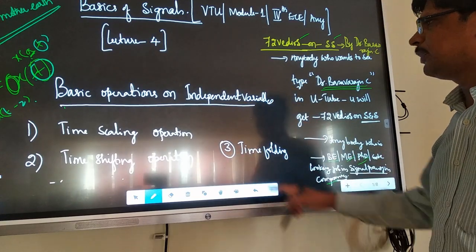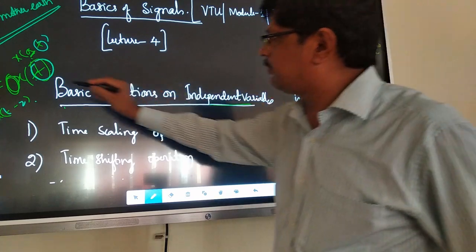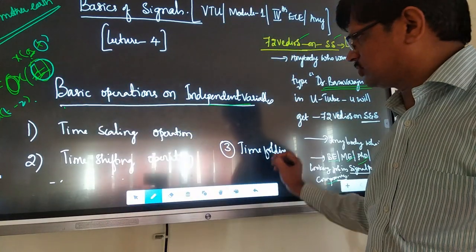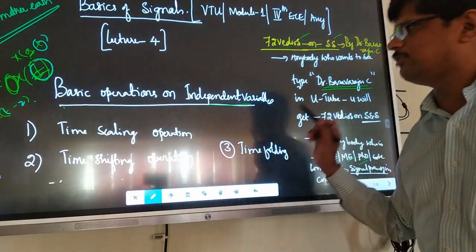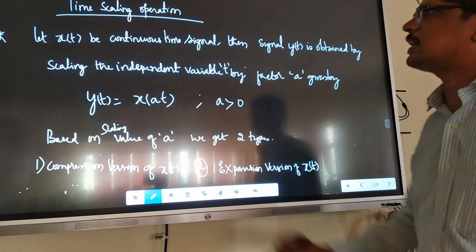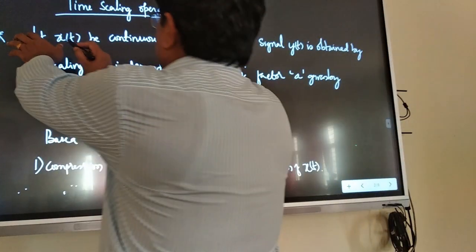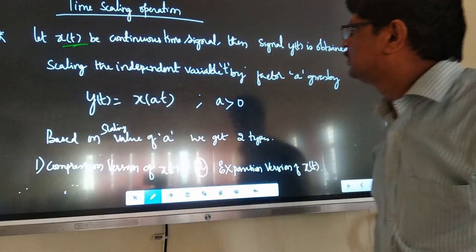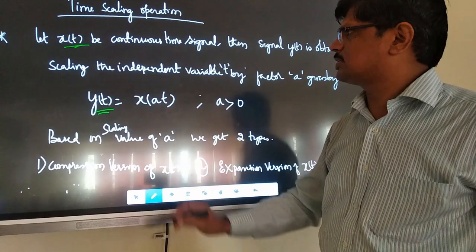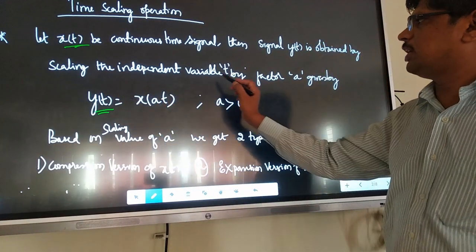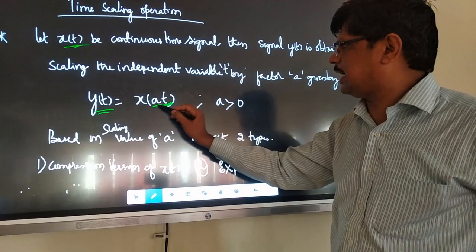Now, today's topic is basic operations on the independent variable. Based on that, three operations we are discussing: time scaling, time shifting, time folding. Let us see time scaling operations first. Very simple and interesting. Let x of t be a continuous time signal. Then y of t is obtained by scaling the independent variable t by a factor called a.